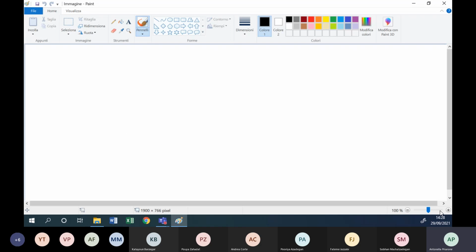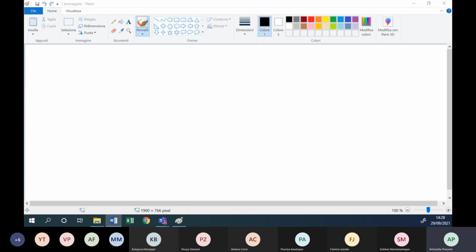Okay, you now have the exercises file with the texts of the exercises on the Aula web. So if you want to download it, I show you now. I have the file here.